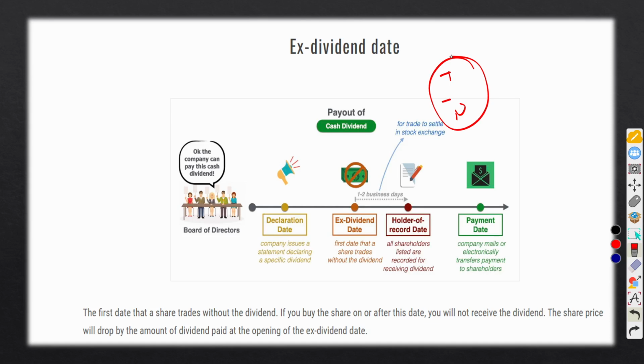The reason is, as I said, when the company announces, let's say, a 10 rupees dividend, you would see a 10 rupees drop in the market price of that particular stock. That happened. So this will not impact the fund's asset value.